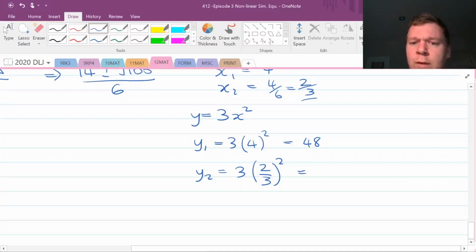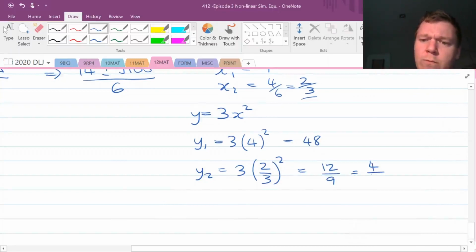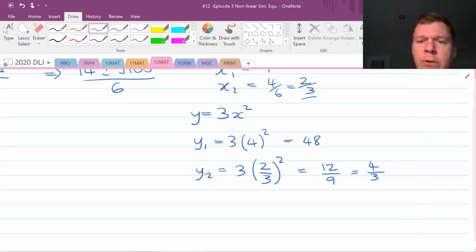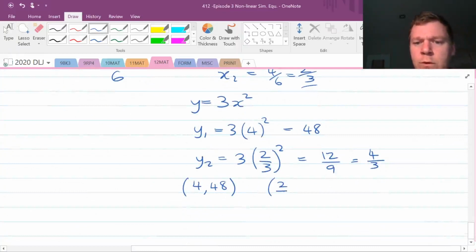So 4/9 times 3 will be 12/9, which is the same as 4/3. So our two points were (4, 48) and (2/3, 4/3).